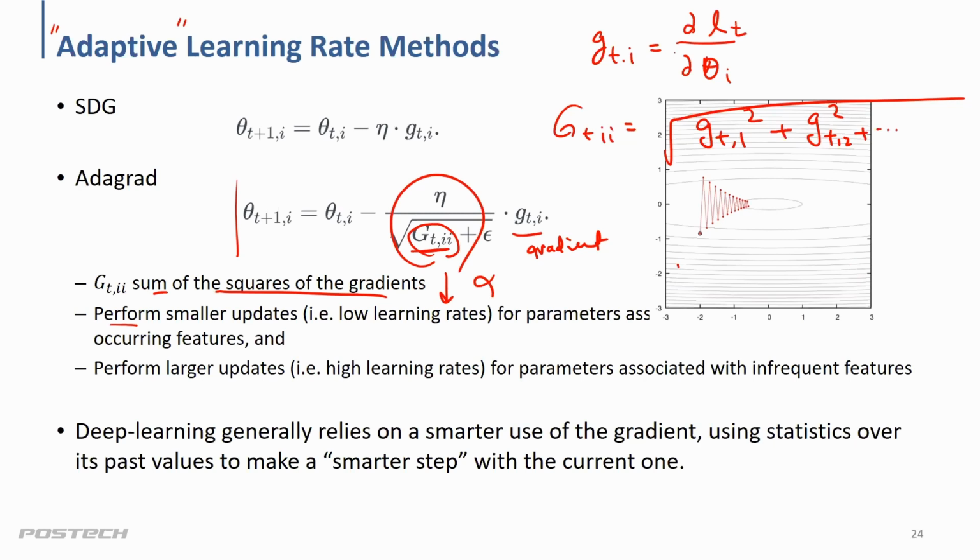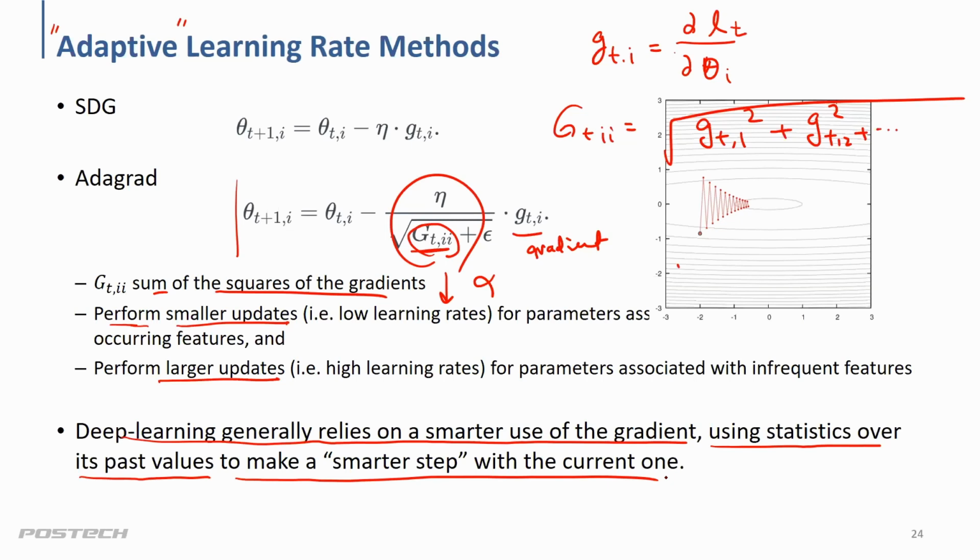You see that? So this performs a smaller update, and this performs a larger update. Deep learning usually relies on a smarter use of gradients, using statistics over past values to make a smarter step with the current one.